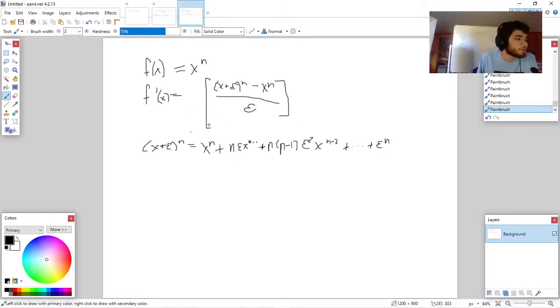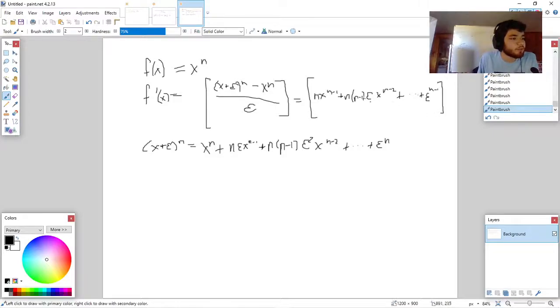All right, so what happens to this? Well, this x to the n is going to cancel with this x to the n. And this epsilon is going to cancel with this one, so we're going to get the standard part of n x to the n minus 1 plus n minus 1 epsilon x to the n minus 2 plus some other stuff plus epsilon to the n minus 1.